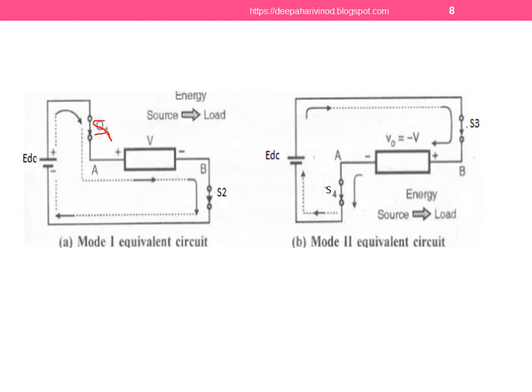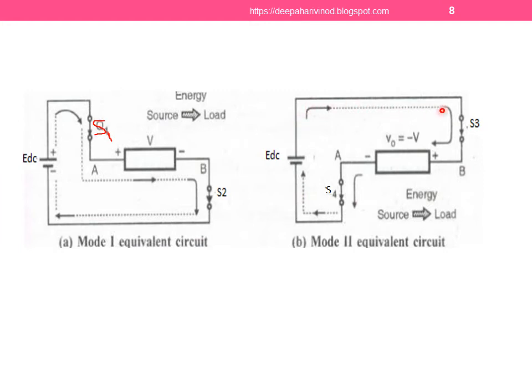So in mode 1 we can see that S1 and S2 are closed, and the current flows in this direction, as shown for the current flow direction in this mode 1.